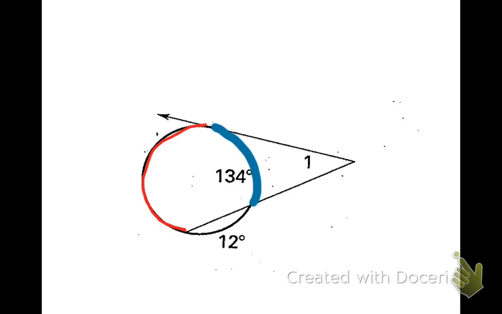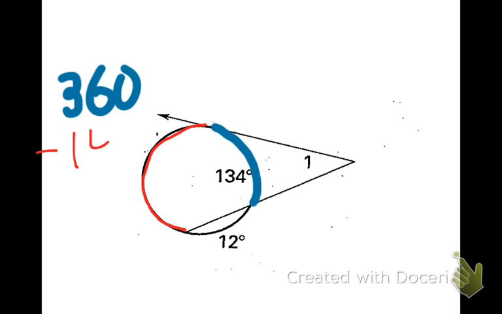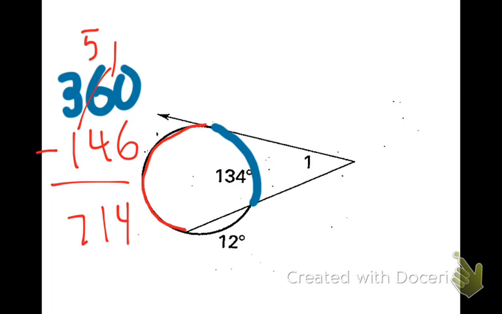It's 360. So from here to here would be 34 and 12, so from here to here is 146. We have to figure out what the rest of the circle is. So we take 360 minus 146, and we get 214. So the red is 214.